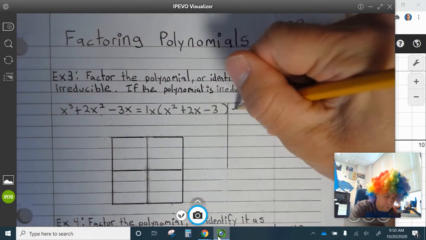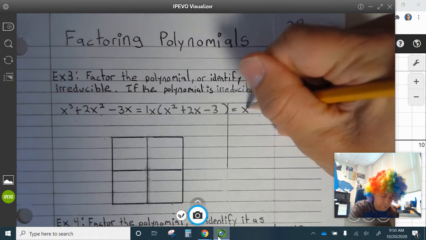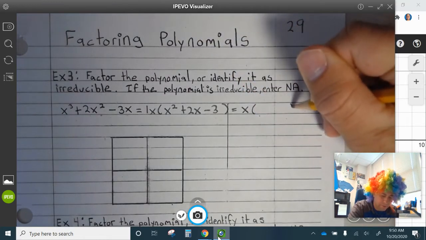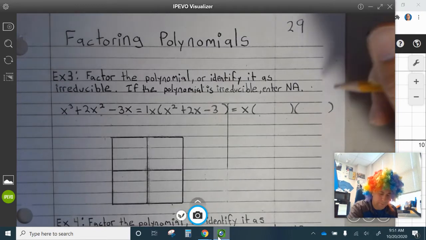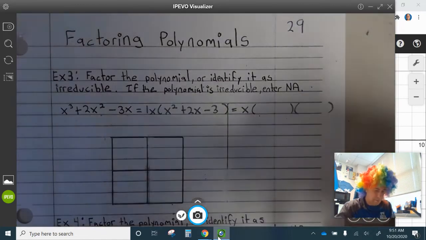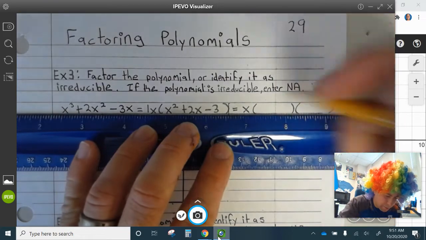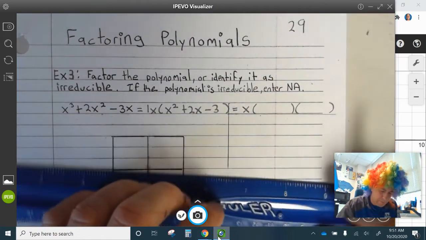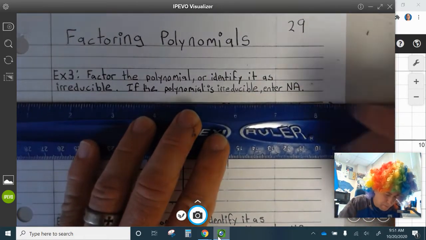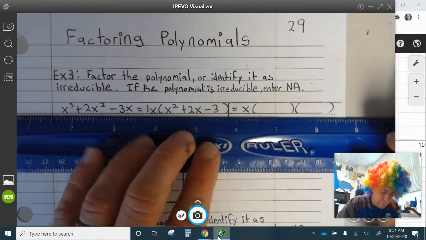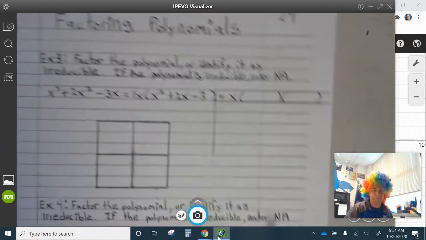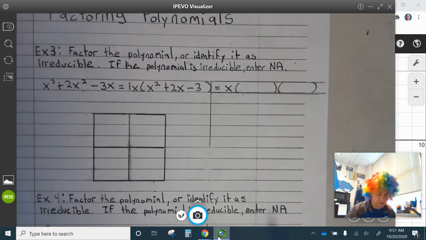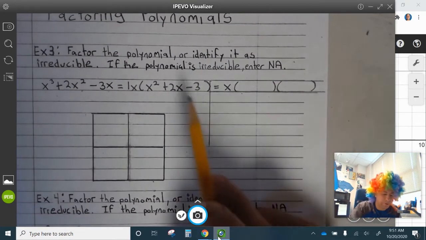Okay, now we know that we're going to leave the x and then we should have two parentheses. And the reason we know it's two parentheses is because of the x squared.